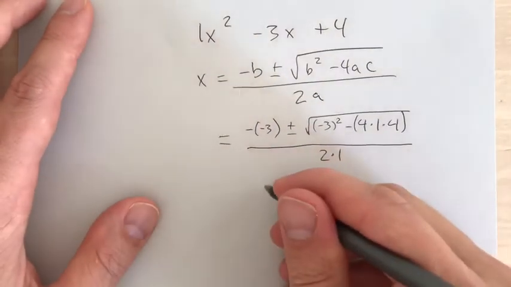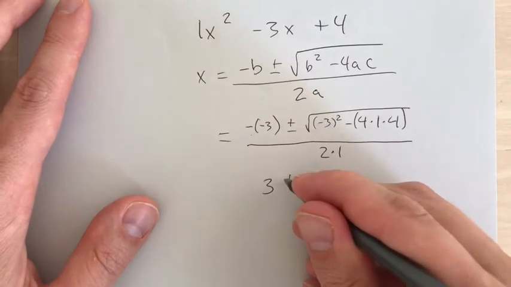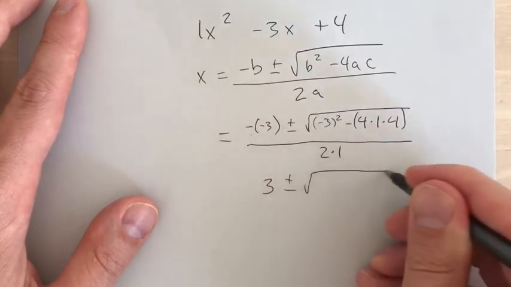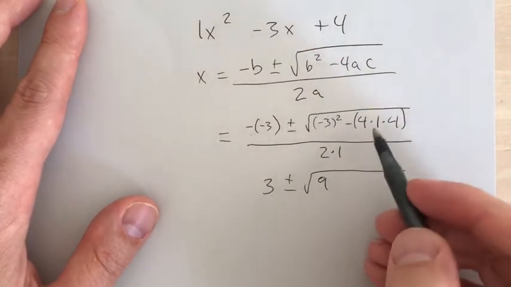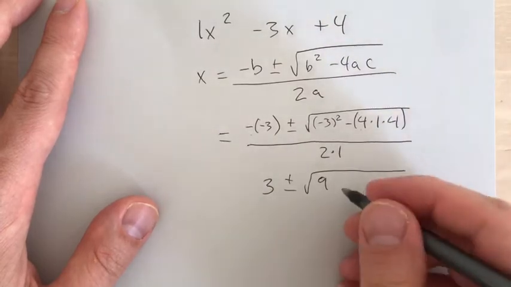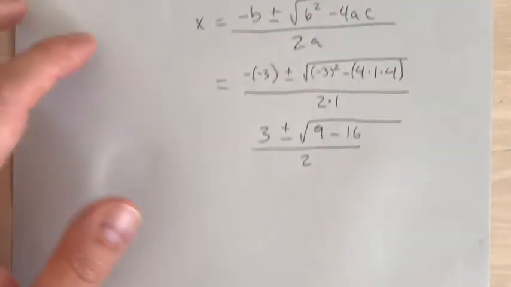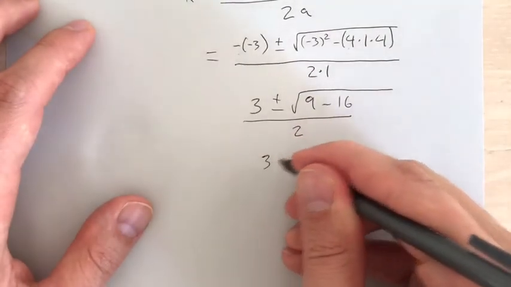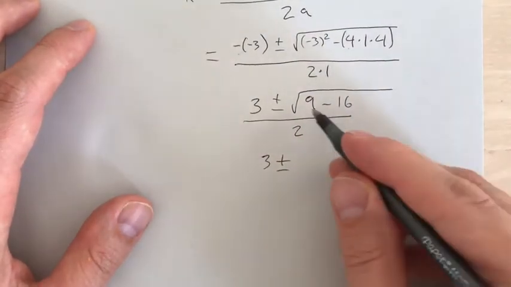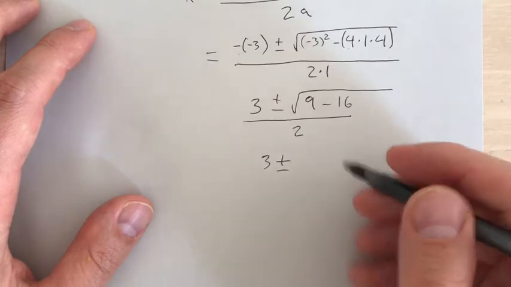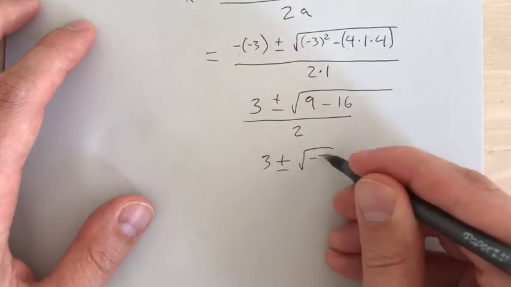Cleaning this up, this would be 3 plus or minus the square root of 9 minus 4 times 1 times 4, which is 16, over 2. Going further, you'd have 3 plus or minus the square root of negative 7, over 2.